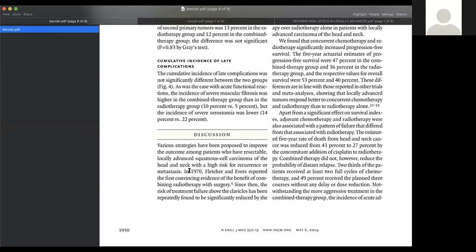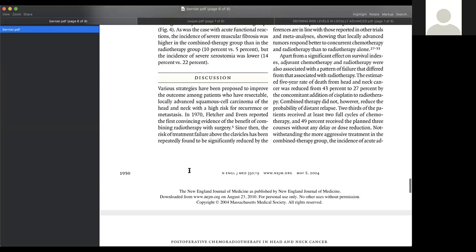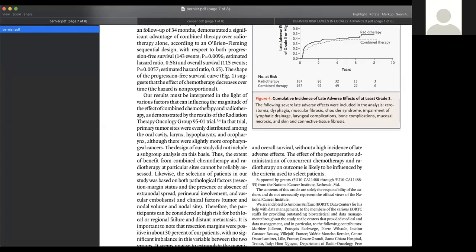Now, this is a very interesting statement that they mentioned. These two trials, that is Bernier and Cooper, have been published in the same edition of the NEJM. They have mentioned that the magnitude of the benefit of combined chemoradiotherapy has demonstrated comparable results.